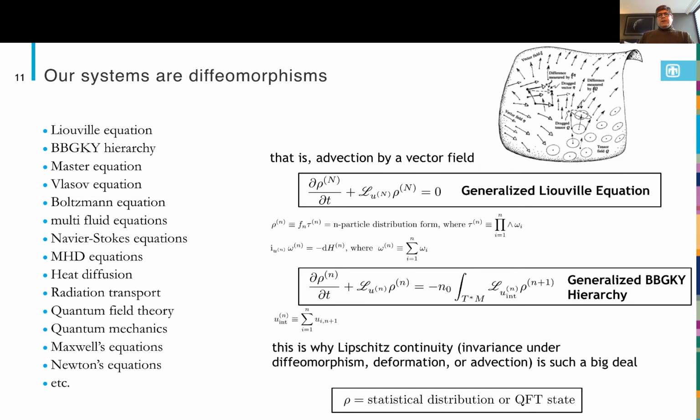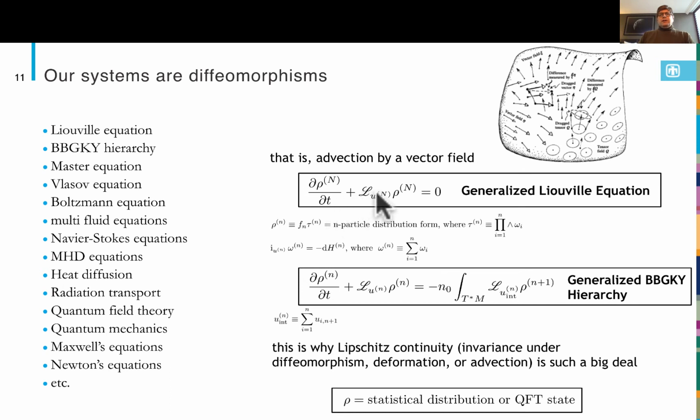Why is it so important to have this Lipschitz continuity or the invariance under deformation? Well, it's because nearly all of the equations, both in terms of kinetic systems as well as field theory and fluid equations, are in a way a generalized diffeomorphism or a modification of a field or a distribution function underneath a vector field or more complicated tensorial fields.